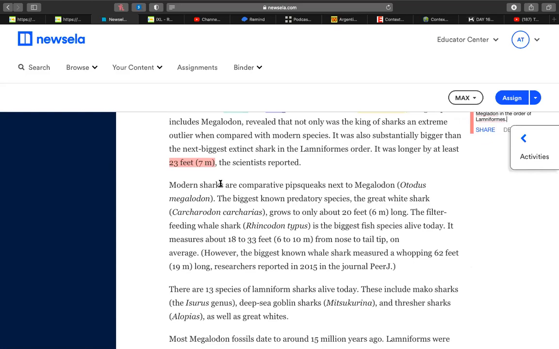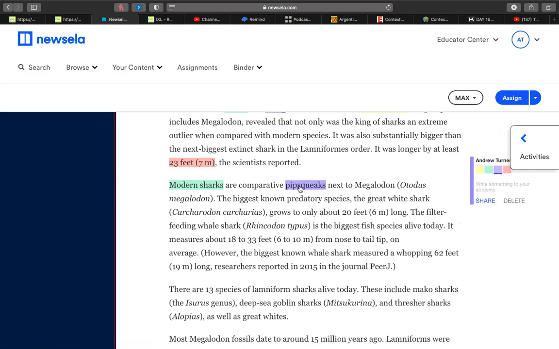All right. So next one, modern sharks. Modern sharks are comparative pipsqueaks next to Megalodon, Otodus megalodon. The biggest known predator. I'm going to stop you real quick, what's a pipsqueak? It's not a common word. You used to hear it in movies, like small. Yeah, you used to hear it in movies where a bully would say to a smaller kid that they were a pipsqueak.